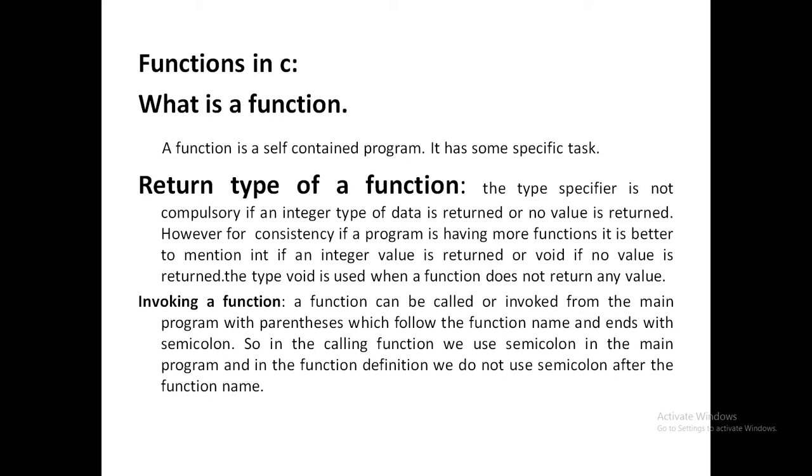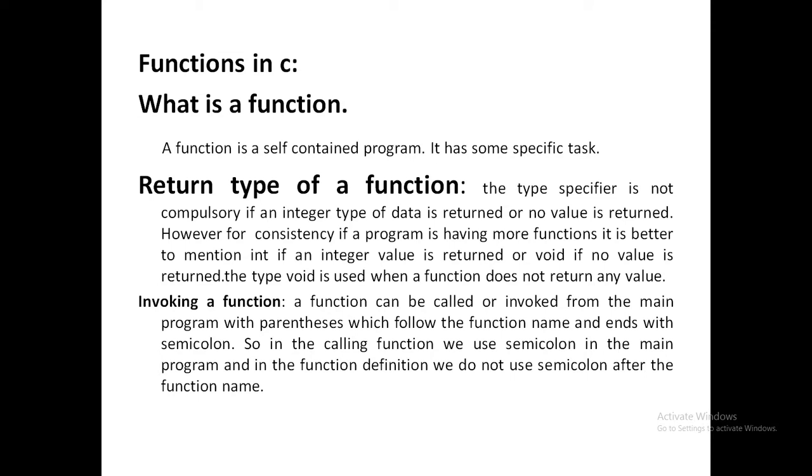So whenever we call the function in the main program, we use the function name and parenthesis followed by a semicolon. Whenever you come across function name, parenthesis, semicolon, you can simply understand that it is the calling statement, which is located in the main program.